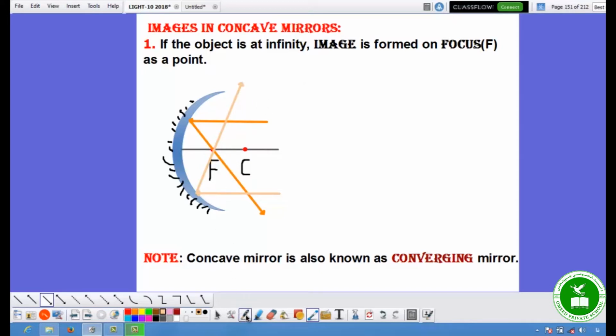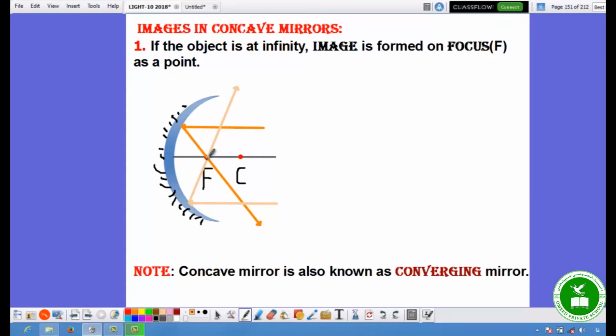Now the image is formed over here as a point. So we say that if the object is at infinity, the image will be exactly on focus, but as a point.